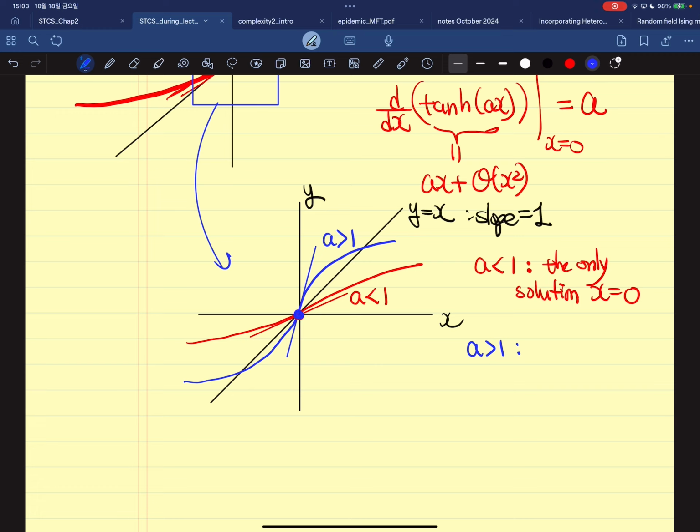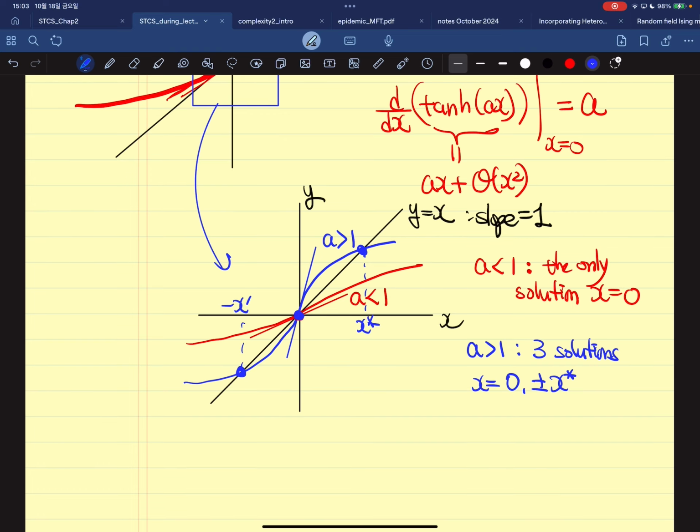But as you can see, there are 2 more intersections here. So it has 3 solutions: x equal to 0, and the extra solutions, let's denote these as plus x star and minus x star.